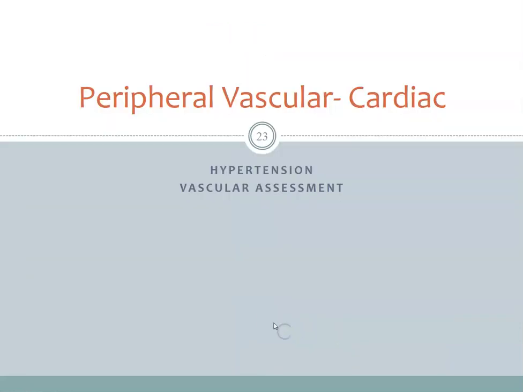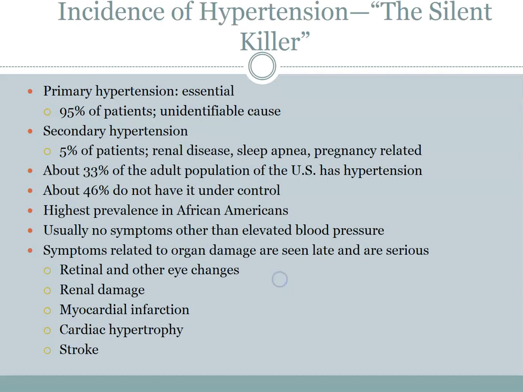They're pretty tiny. Okay, moving on to the peripheral vascular cardiac system, we're going to look at hypertension as well as vascular assessment. We know that hypertension is considered the silent killer. That's because many patients who have hypertension don't even know it until they go to their doctor for their well checks, their annual checks, and they find out that they have hypertension, and they weren't even aware.